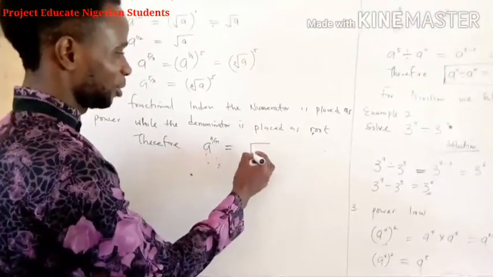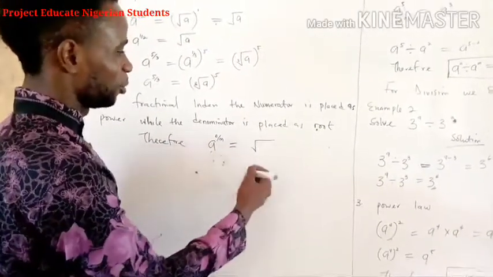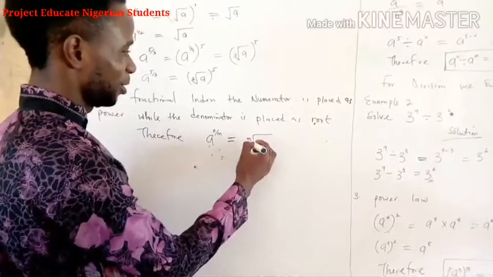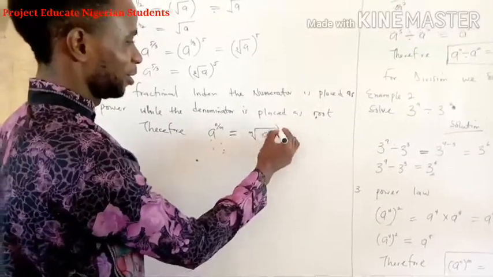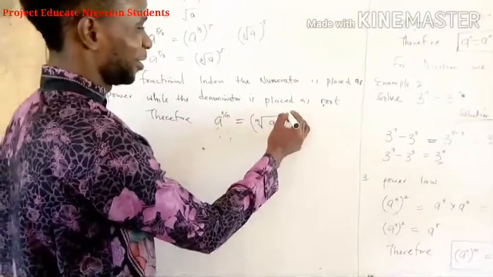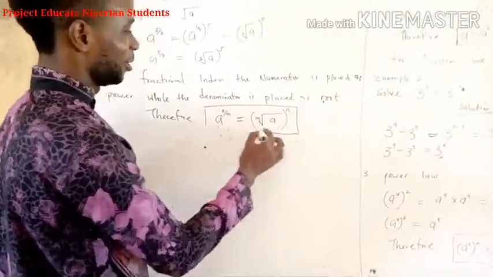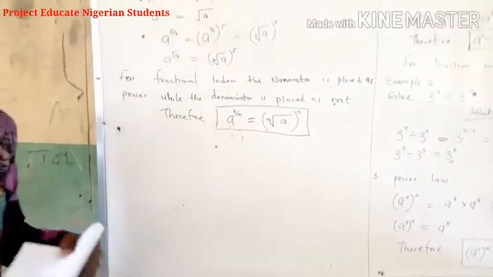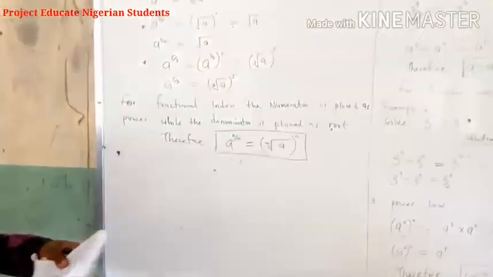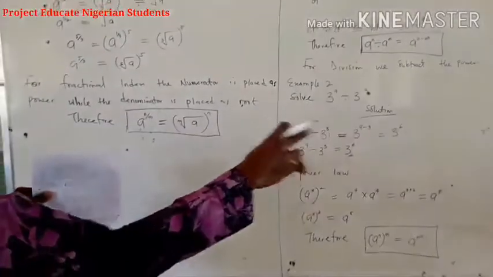Put your root symbol, you put n here, you put a here, and m is the power. So this is what we have. Formula.